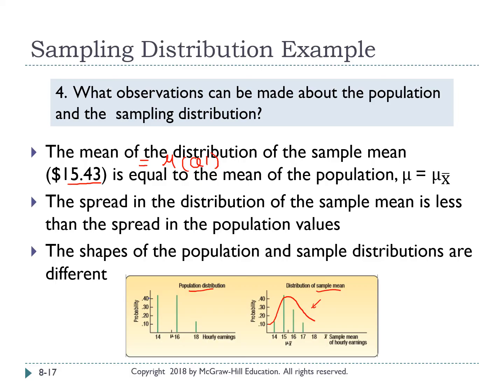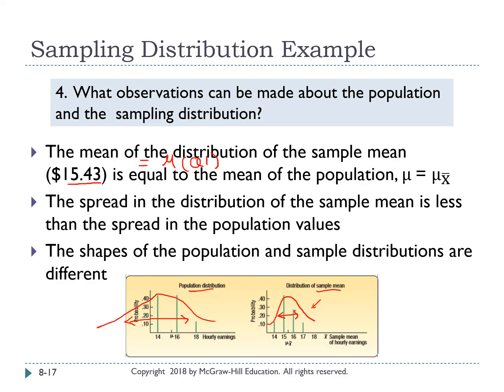If you want to draw the population, you will have this kind of shape. If you look at the spread or the variance, for the sample you have this variance, but for the population you are going to have huge variation. So the variance or spread in the sample is actually smaller than the spread in the population.